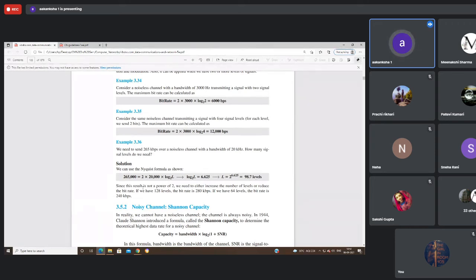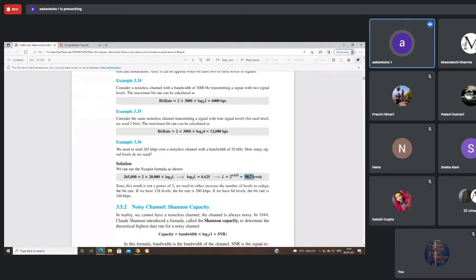Since this result is not a power of 2, we need to either increase the number of levels or reduce the bit rate. Normally whenever we are discussing digital communication, every number should be a power of 2. So 98.7 is not a power of 2.